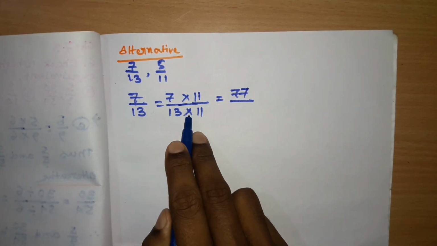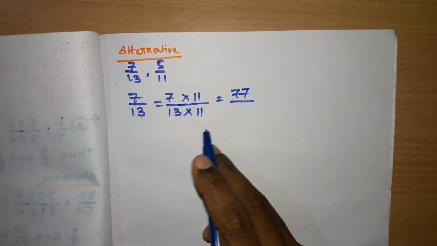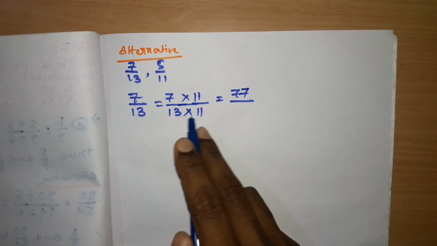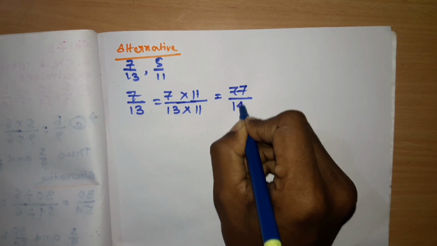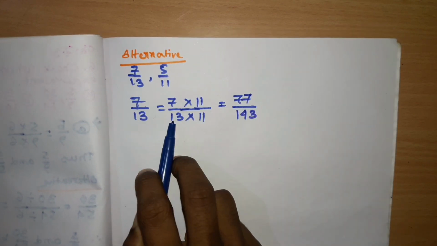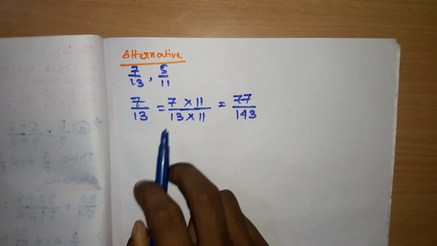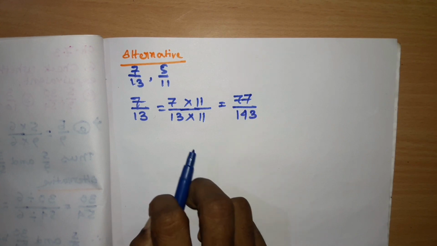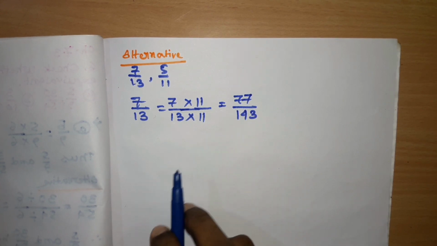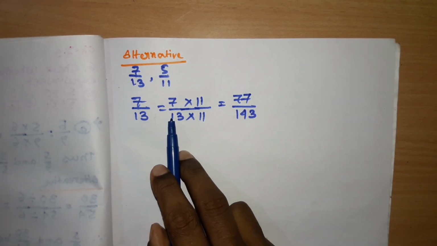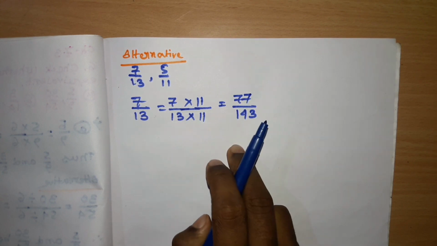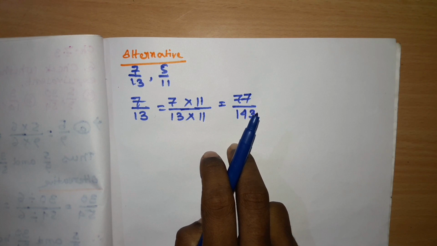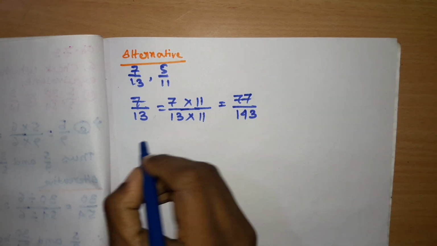And 11 into 13, what we are getting is 143. 11 13s is 143. You can think of it like that: 13 tens is 130, so another 13 gives you 143.